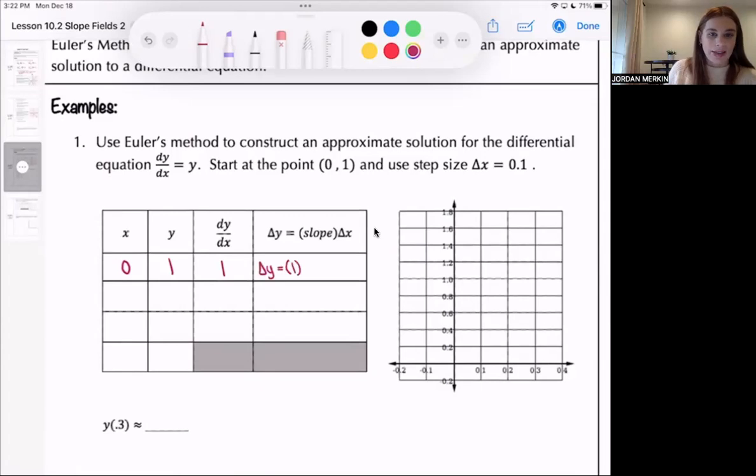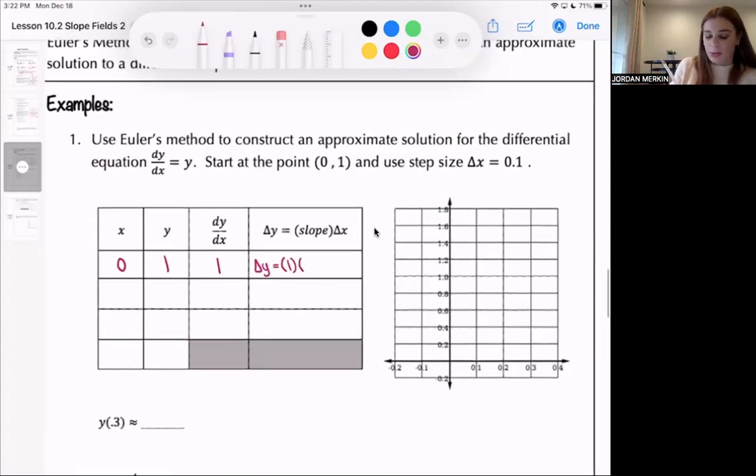That's your dy/dx at that point, right? Times delta x, which is 0.1. So delta y is 0.1. Okay, so the change in y you just calculated, you are going to use that to actually move to your next spot. And I'll show you how to do that once we fill in this table and get some stuff plotted.